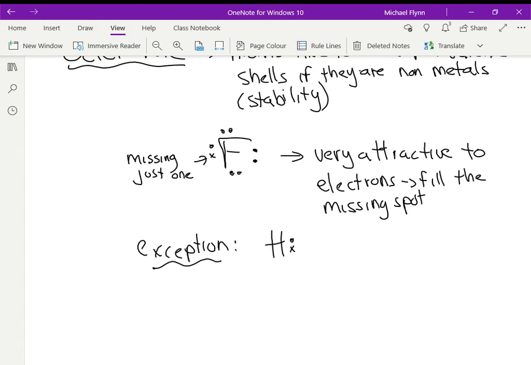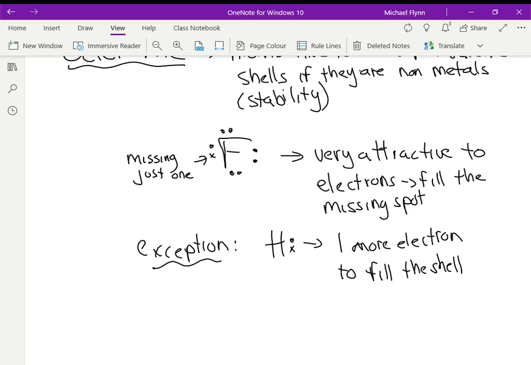Not as much as fluorine is though, but it's still a pretty reactive element, hydrogen. It would like to have 1 more electron. Kind of like fluorine, but it's not as strong as fluorine is, okay? So here would also like 1 more electron, but this time not 8, to fill the shell.